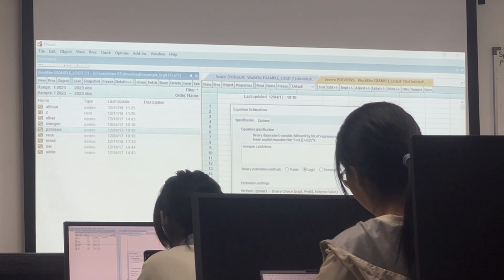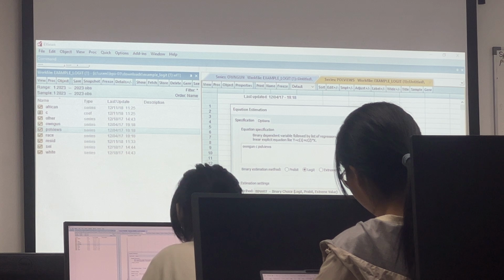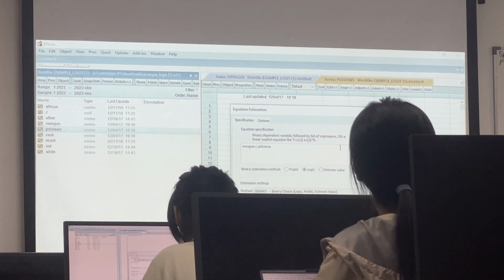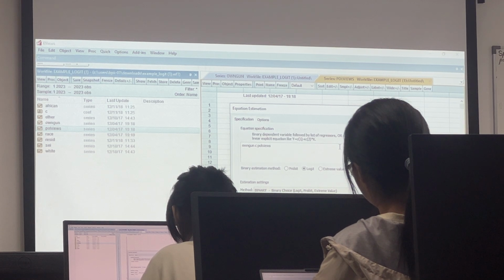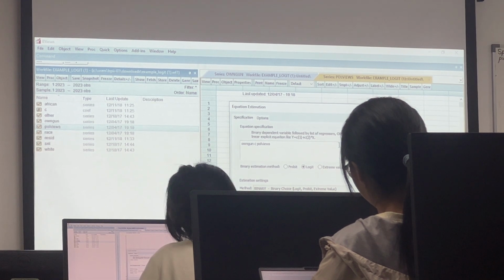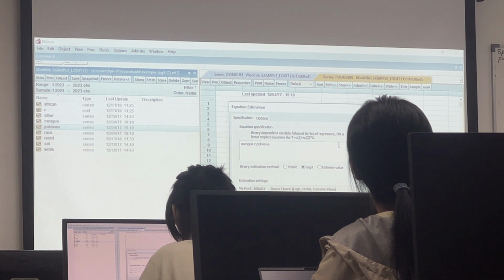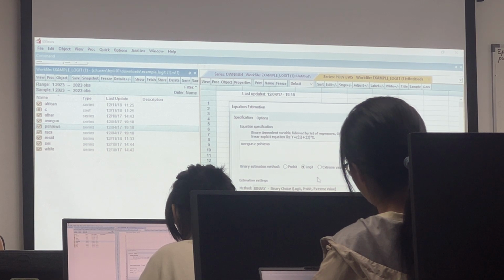I think in this lecture we just cover logit. Probit is also quite similar to the logit, but the way that we calculate the estimated probability is more tedious as compared to logistic. So we just use one analysis, logit. If you are interested to know about probit, then you can explore by yourself.